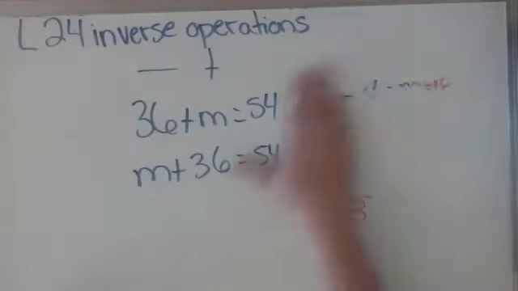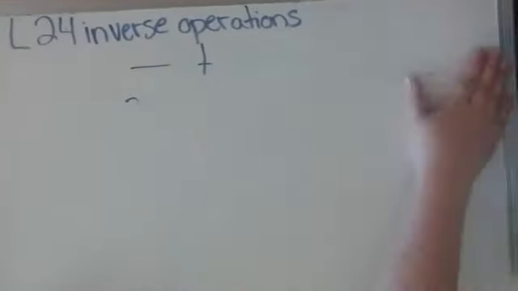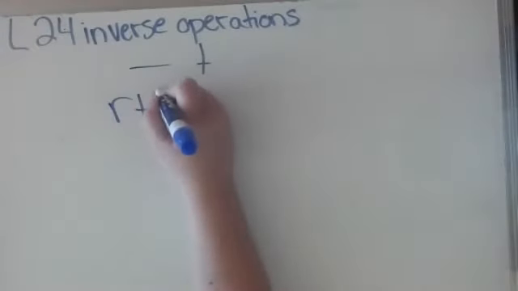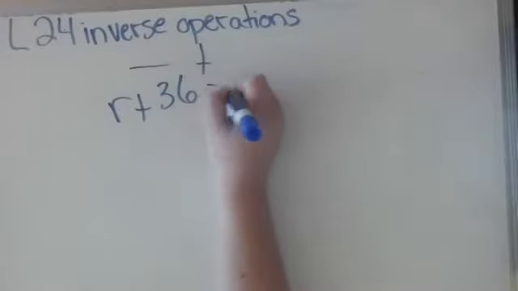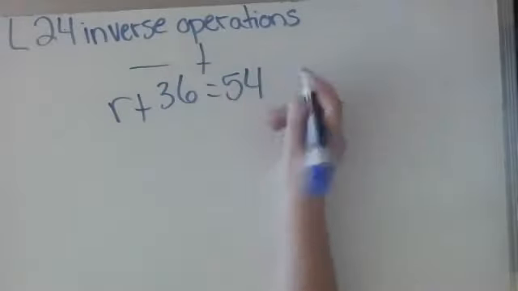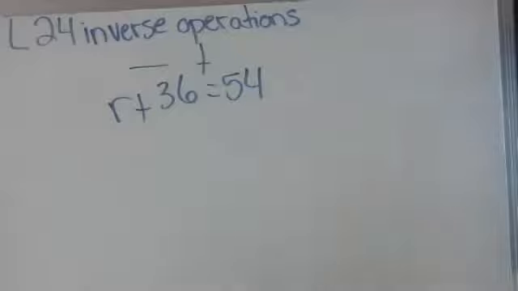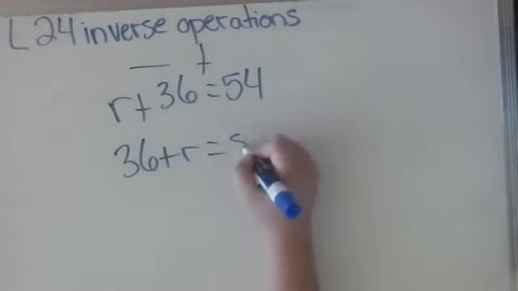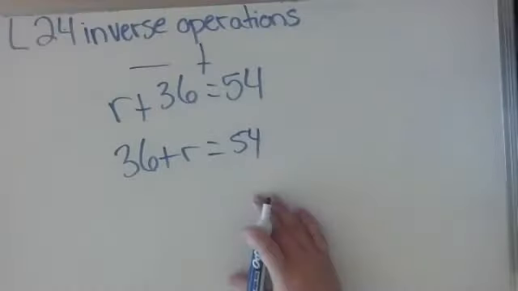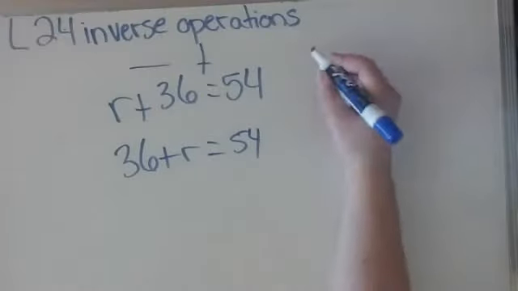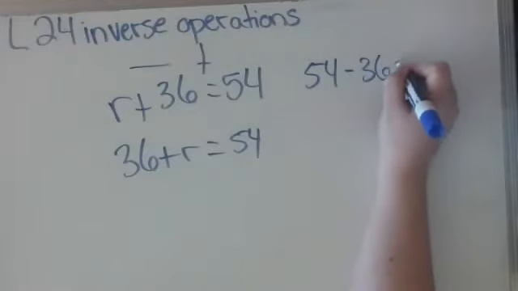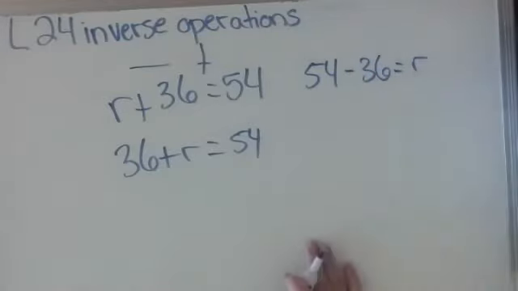Let's look at another one. R plus 36 equals 54. Again, I'm going to rearrange. If I rearrange to 36 plus R equals 54, that still doesn't tell me what R is. So let's go over here. 54 take away 36 equals R. Oh, that works.